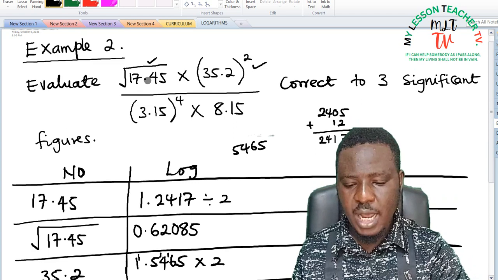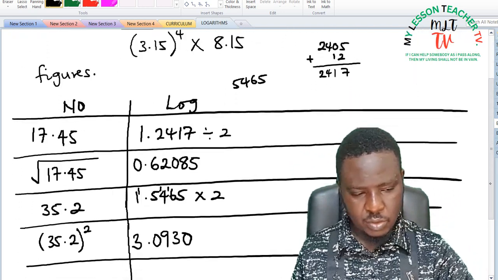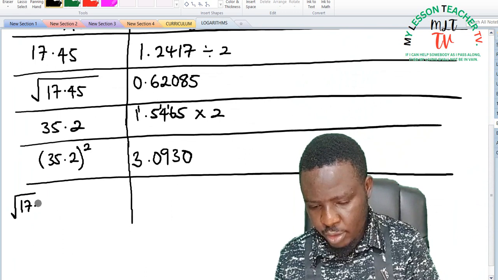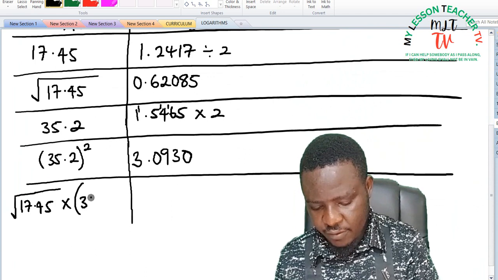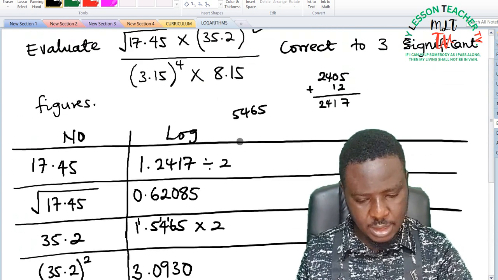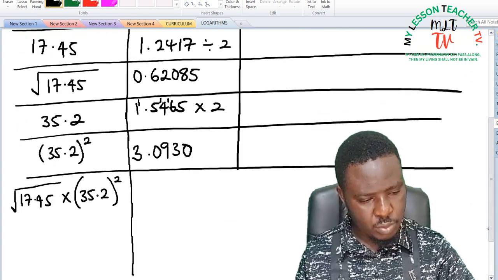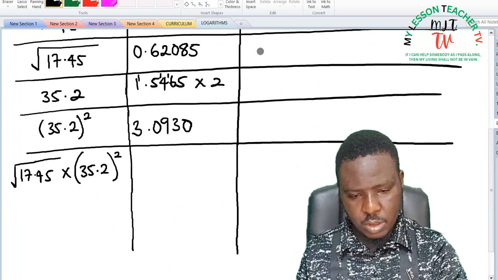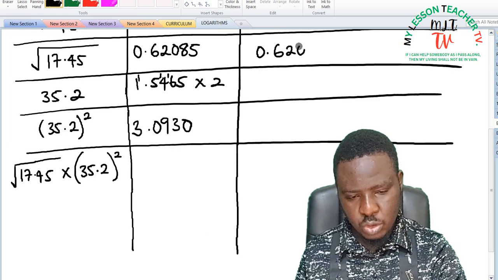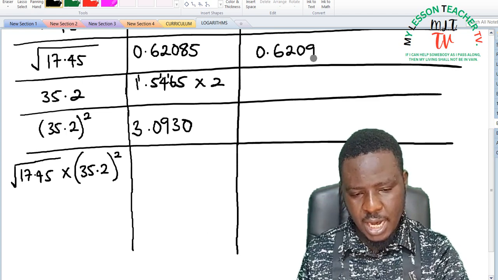Next is then to carry out the multiplication of these two. Square root of this times this. So I'm going to have root 17.45 times 35.2 squared. In number is this. In logarithm, let me take them to the next column. This is 0.6209.